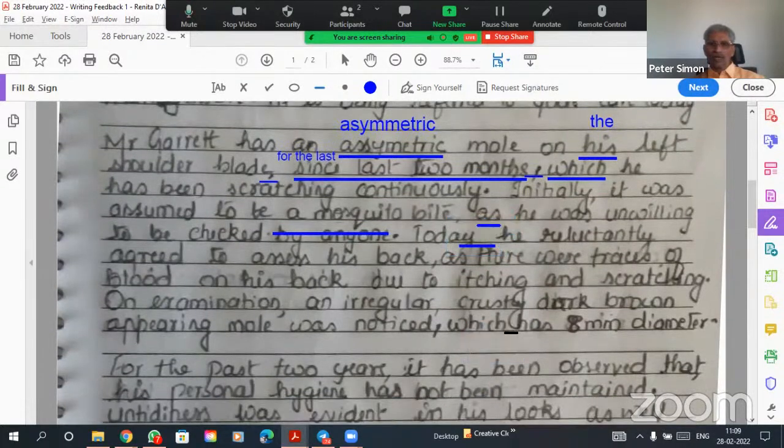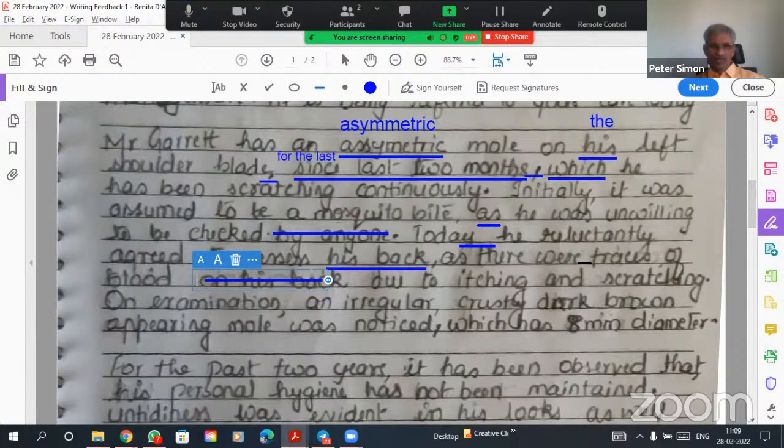Next one. Today he reluctantly agreed to assess his back as there were traces of blood on his back. Wow. His back. Why are you repeating these things? So you can avoid this.